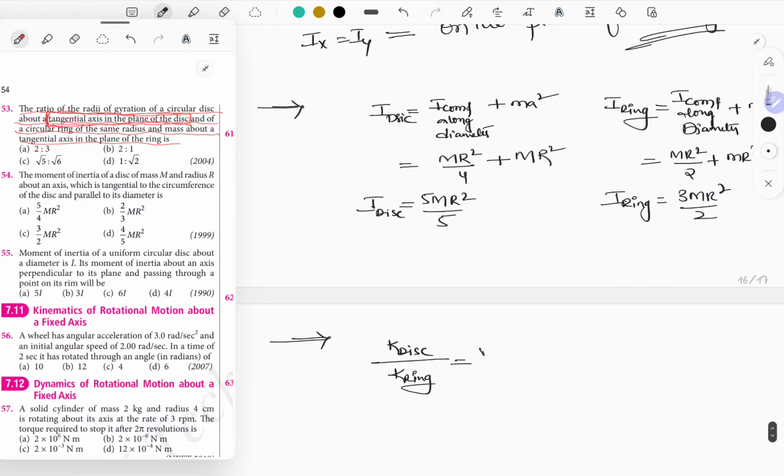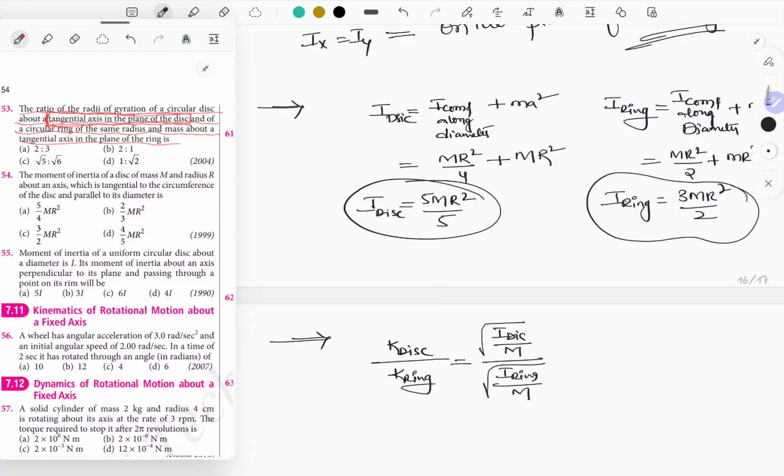So root of the moment of inertia of the disc divided by its mass, over root of the moment of inertia of the ring divided by m. We have to substitute these values, because they are asking the answer for this axis only. So this m will get cancelled.